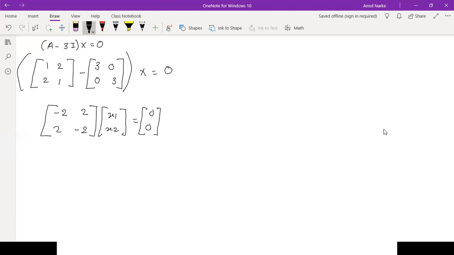A system of homogeneous equations. How can one solve this system? Row echelon form. For that purpose, you need to find the augmented matrix [A|B]. So the A matrix is given as -2, 2, here 2, -2, and here 0, 0. Now find its rank. Which operation should you use?